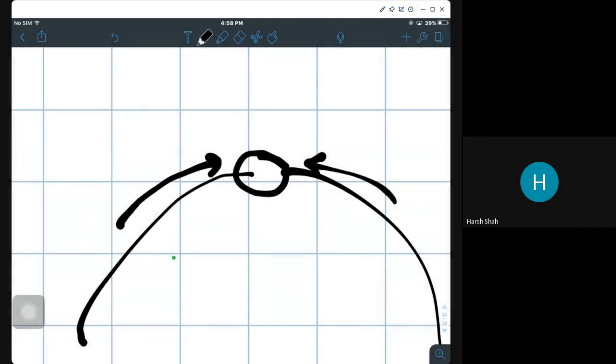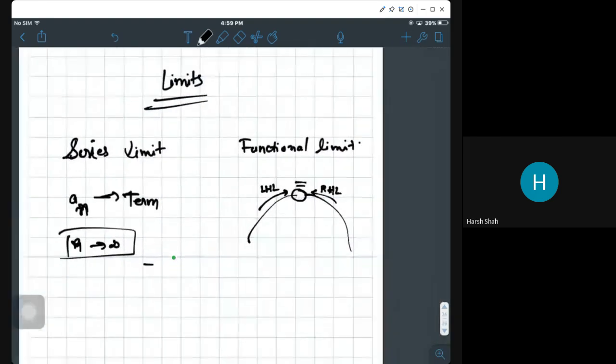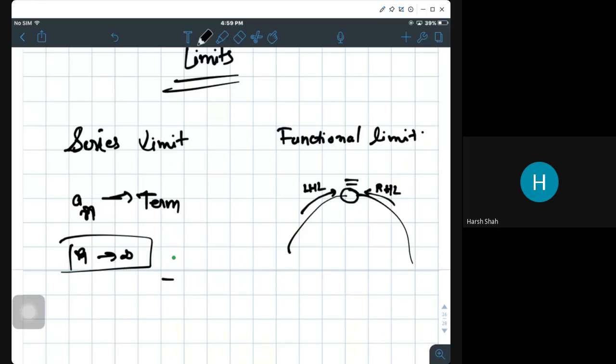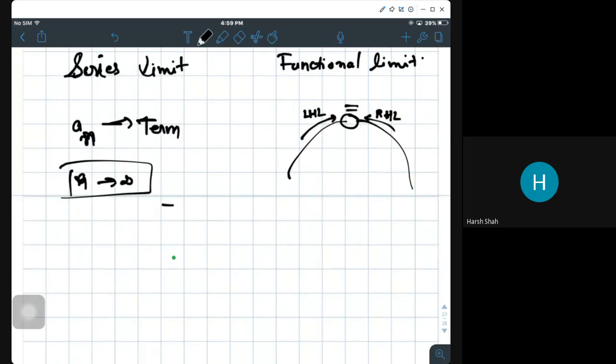This is called the left hand limit because you came from the left hand. This is known as the right hand limit because you came from the right hand. These should be equal, so your function has a limit. Okay, these are two terms. This is your limit.